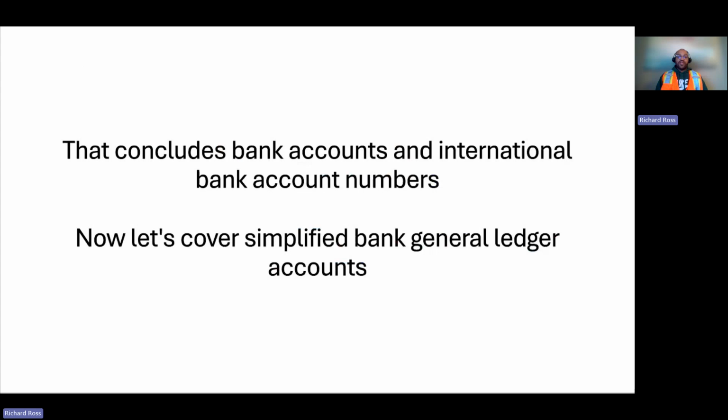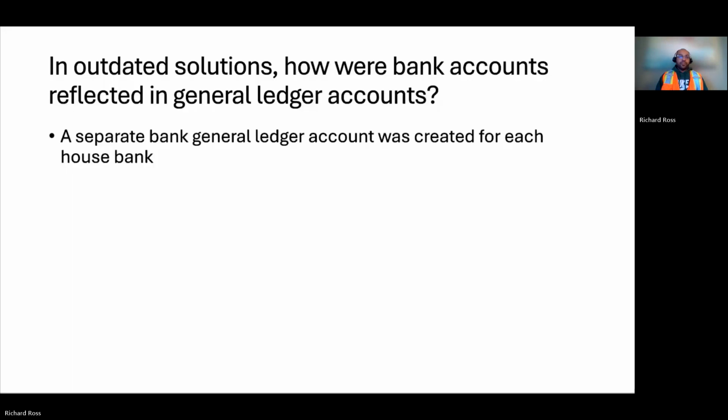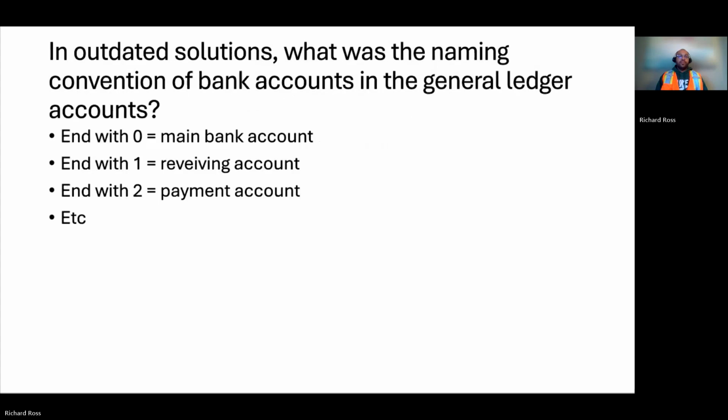Now, let's cover simplified bank general ledger accounts. Focus, simplified bank general ledger accounts. In outdated solutions, how were bank accounts reflected in general ledger accounts? A separate bank general ledger account was created for each house bank.